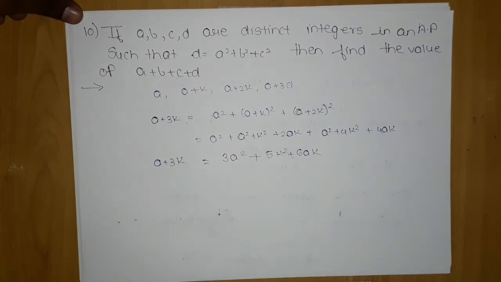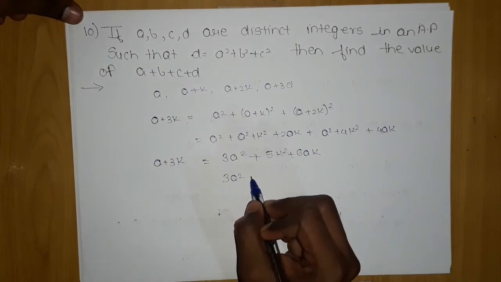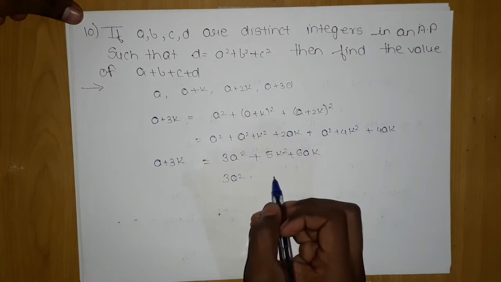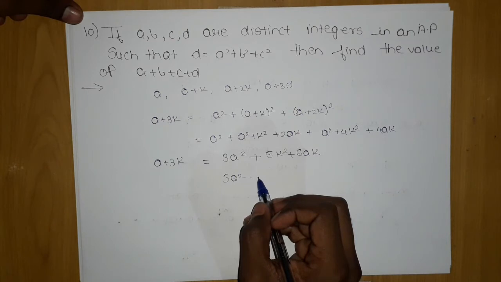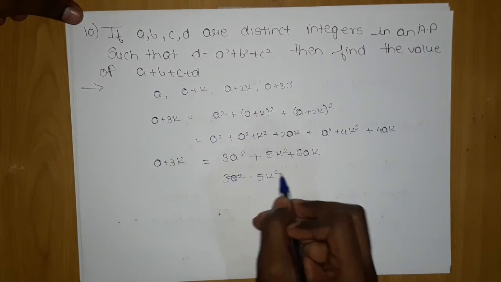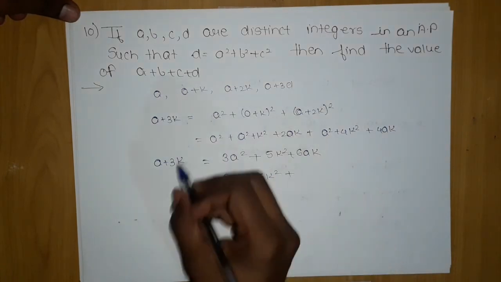So let's try to make a quadratic, quadratic in k. How can we make it? We have 3a square plus 5k square, and if I bring 3k to that side, 3k minus 3k will come here.